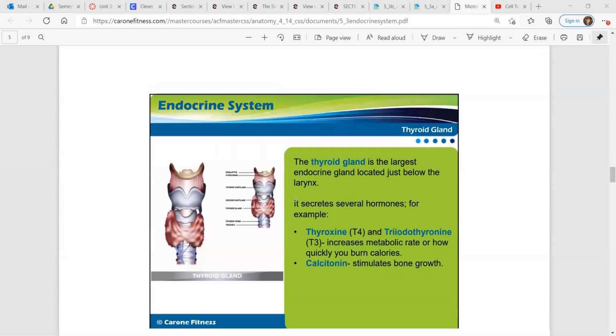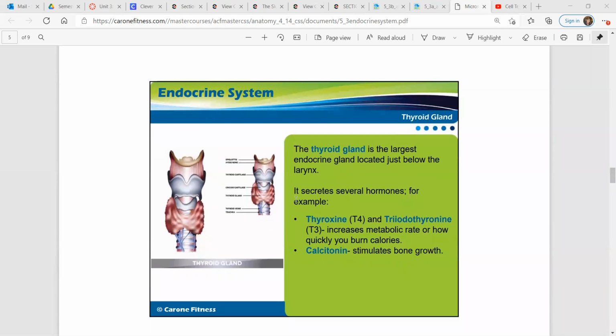Moving on. Then we have the thyroid gland. That is the largest endocrine gland, and it's located right below the larynx. And the thyroid releases several hormones. We have thyroxine, or T4, and triiodothyronine, or T3.